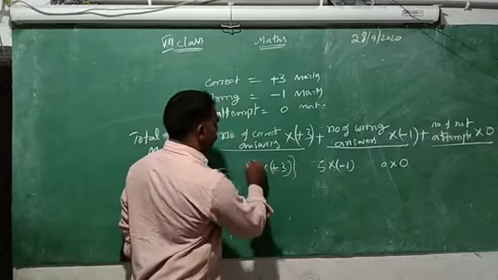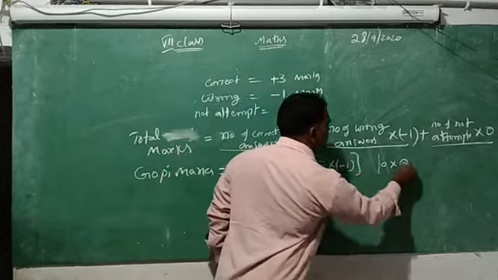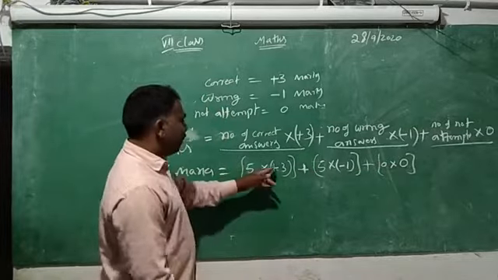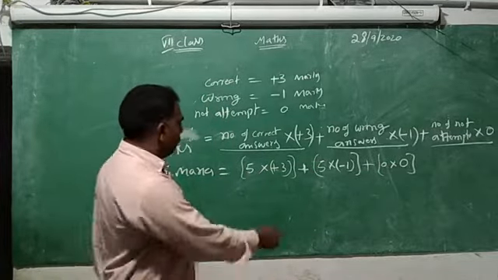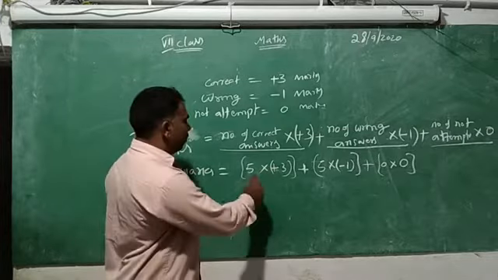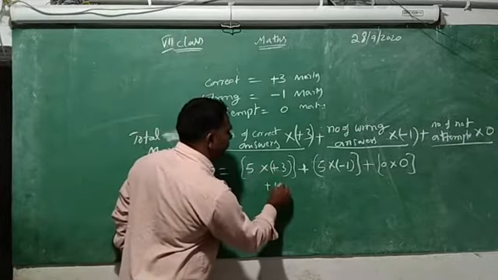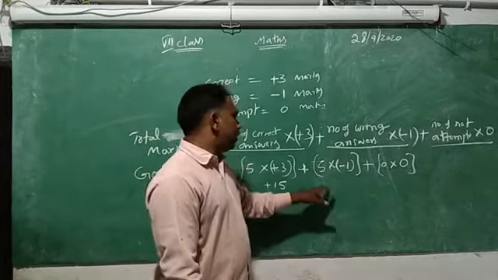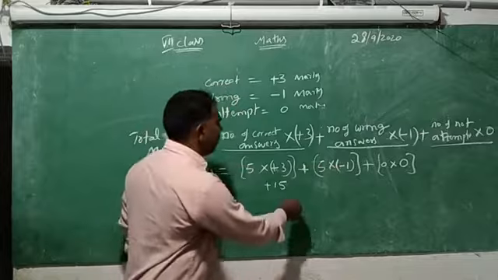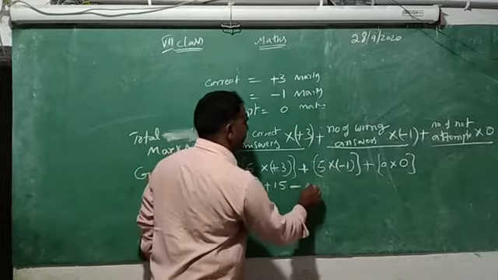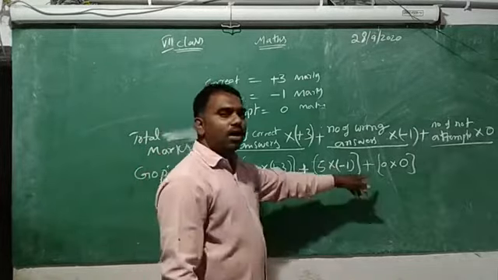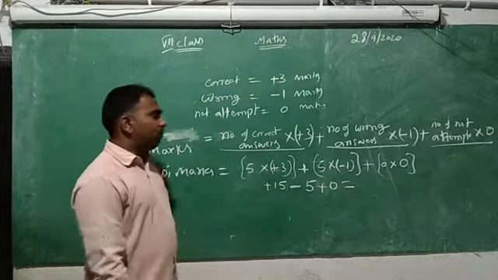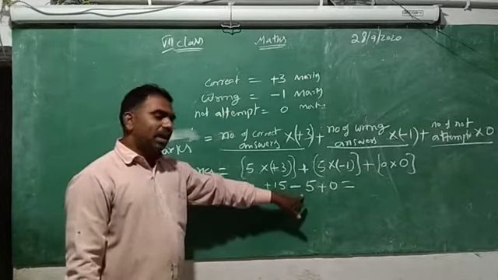These are three things we are going to join now. 5 into plus 3, plus into plus is plus, 5 3s are 15, so we get plus 15. Plus and minus will be minus, 5 1s are 5, and 0 zeros are 0. Now simplify: plus 15 minus 5.